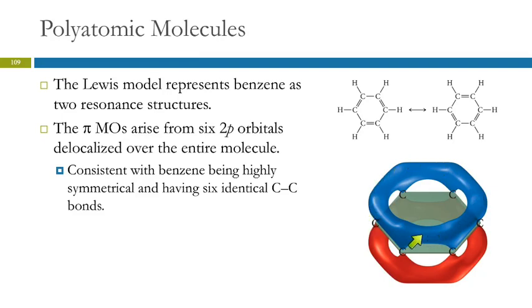And so this explains a lot of things about benzene that we can't understand otherwise. So benzene is highly symmetrical. It has 6 identical carbon-carbon bonds. And knowing that molecular orbitals like this that are delocalized are possible helps us to say, oh, okay.